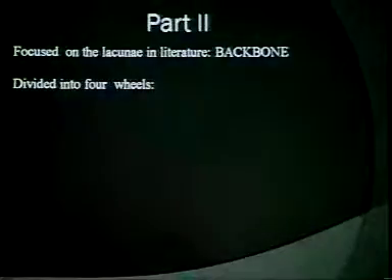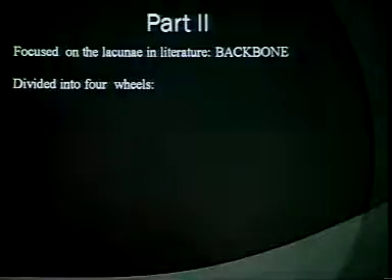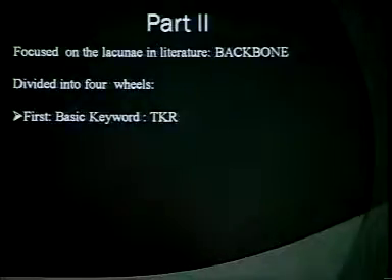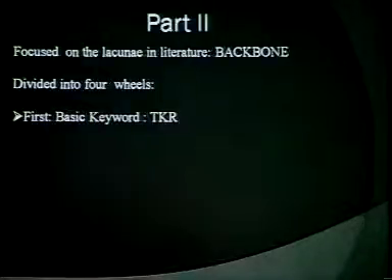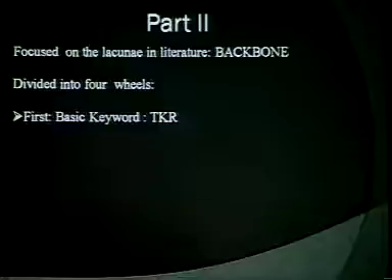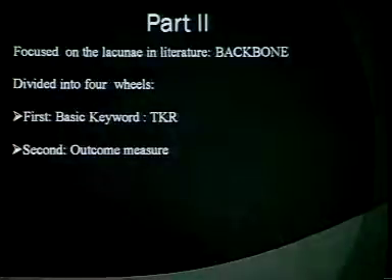Part 2, as I said, is based on your keywords. We had already identified 4 keywords, and depending on that, we are going to write. So in the first part of the second paragraph of the introduction, the broadest keyword we will use is TKR, that is the disease. Second, we have taken the outcome measure.